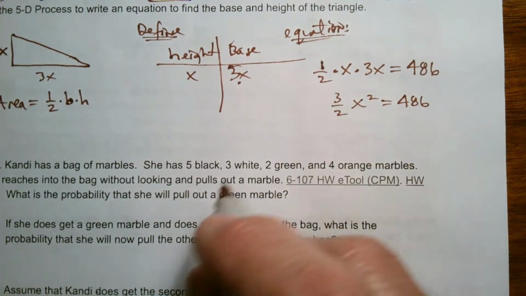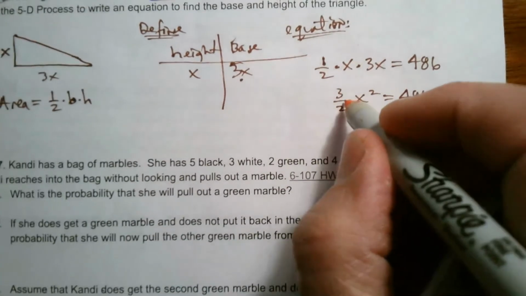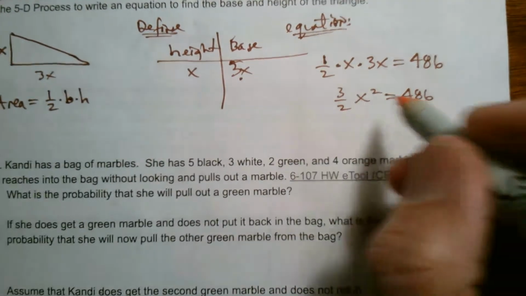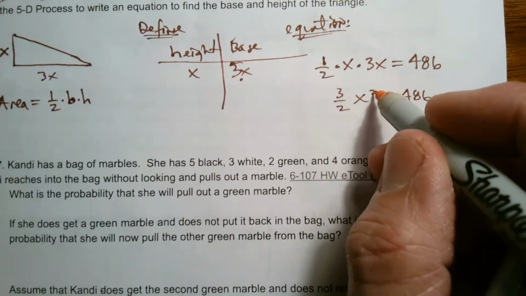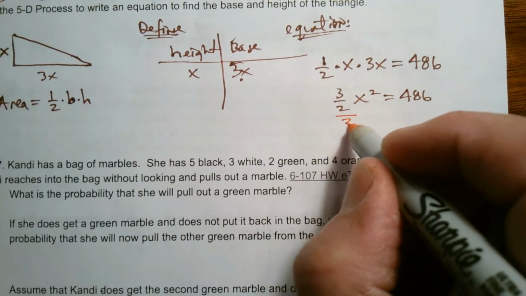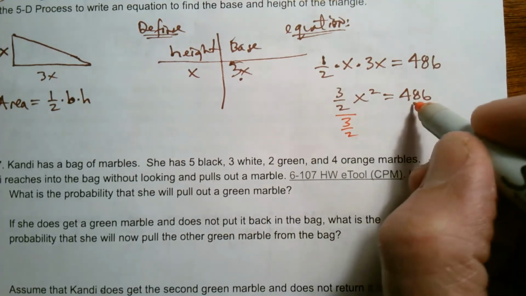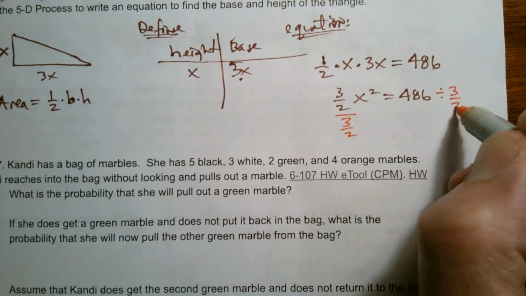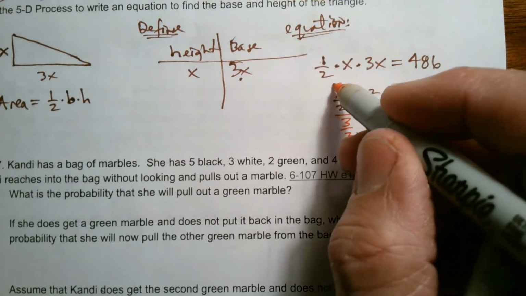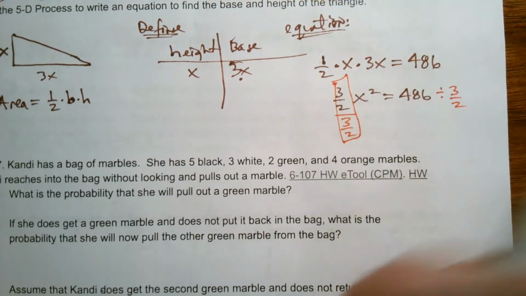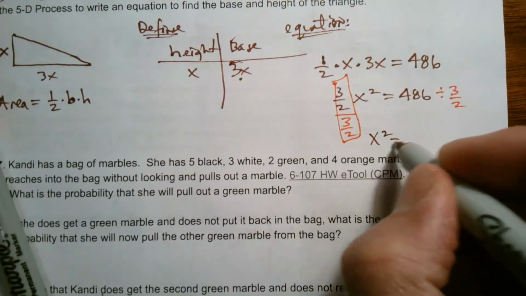How do I do that? Well, when you have 3/2 times the variable, this is still your coefficient. So we're still going to divide both sides by 3/2, because that creates that giant one and isolates the x squared, which is what I want.